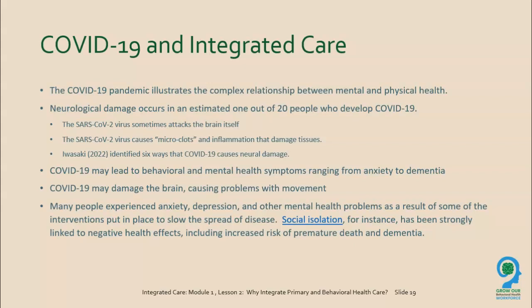So here's a viral infection causing neurological damage that then leads to physiological and cognitive and other issues. So COVID-19, as a result of this, may lead to behavioral and mental health symptoms ranging from anxiety to dementia.